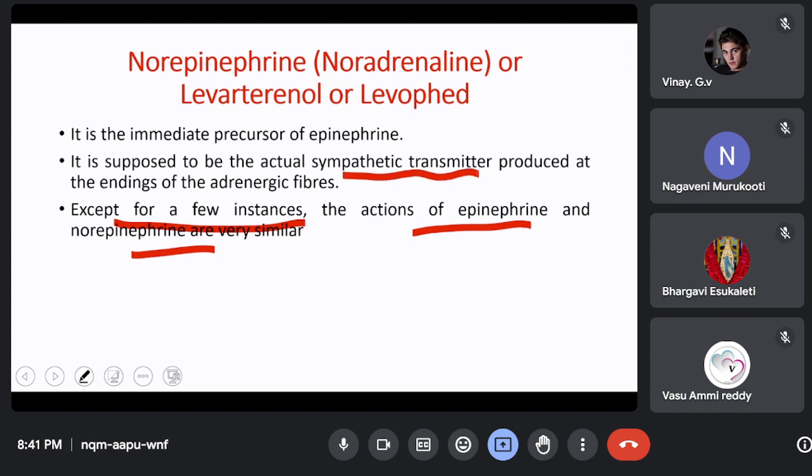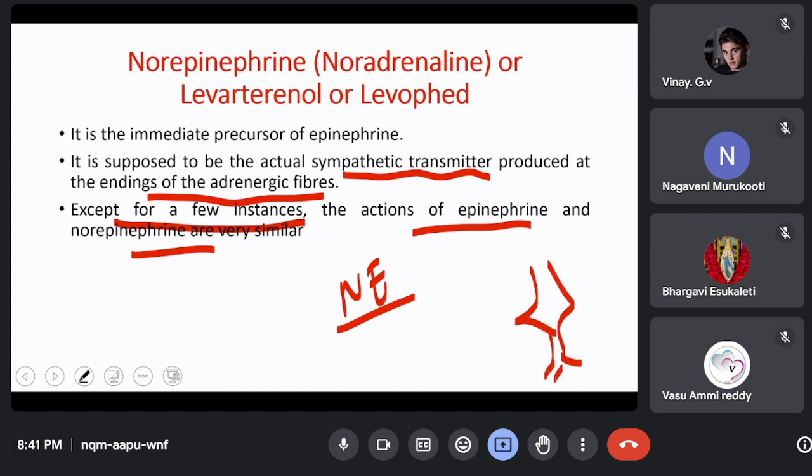It is also supposed to be the actual sympathetic transmitter produced at the endings of the adrenergic fibers. So, norepinephrine is the chemical substance that is released at the nerve endings. Axons are called nerve fibers, and at the nerve endings, the chemical that is released is said to be sympathin, and this sympathin is nothing but norepinephrine.